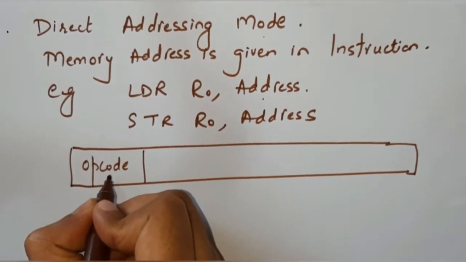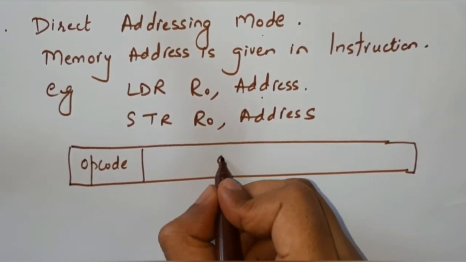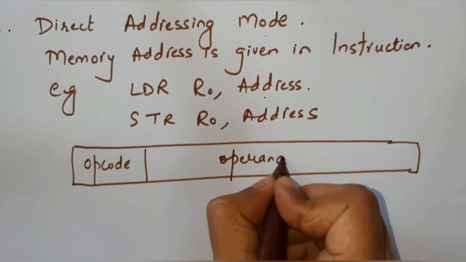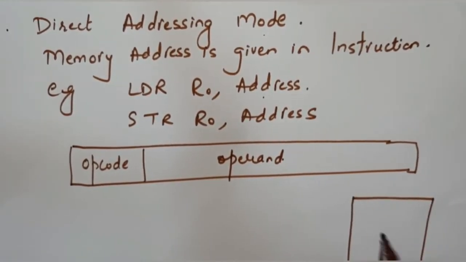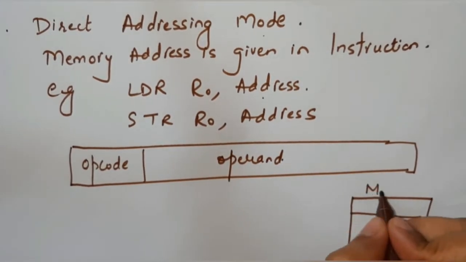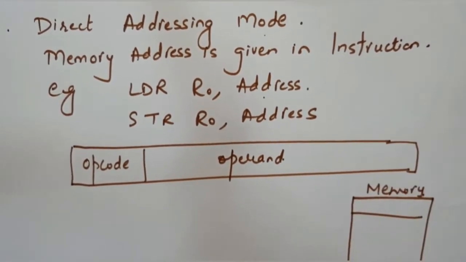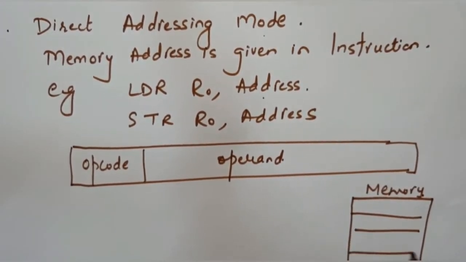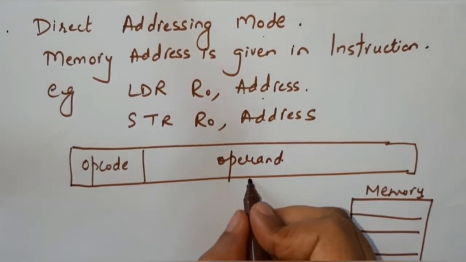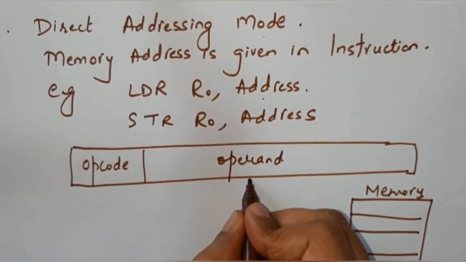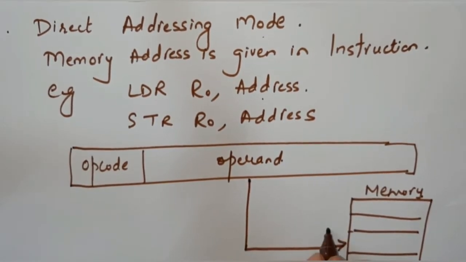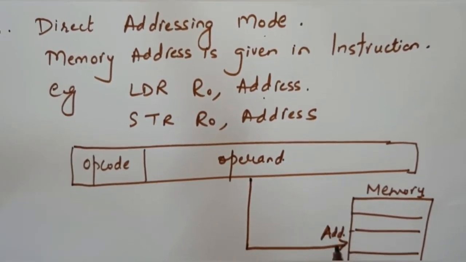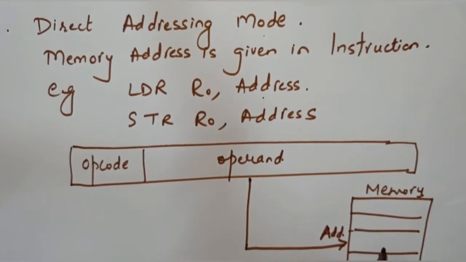If I consider an instruction, this is the opcode and this is the operand. And here we consider the memory. In direct addressing mode, the operand is given by this location where the address is directly mentioned.